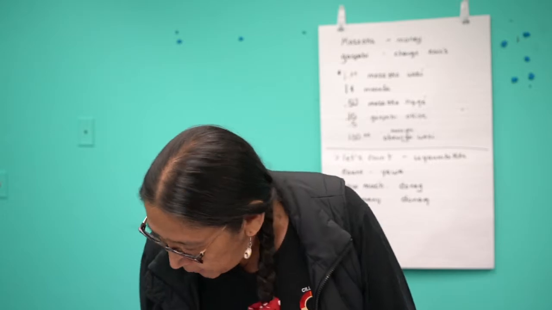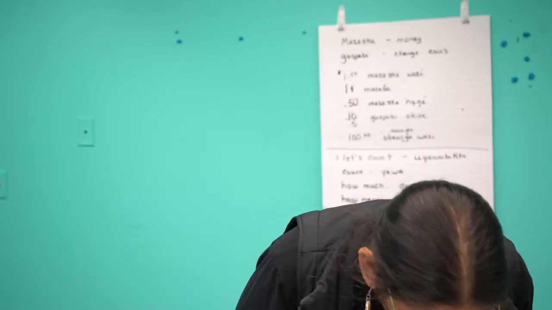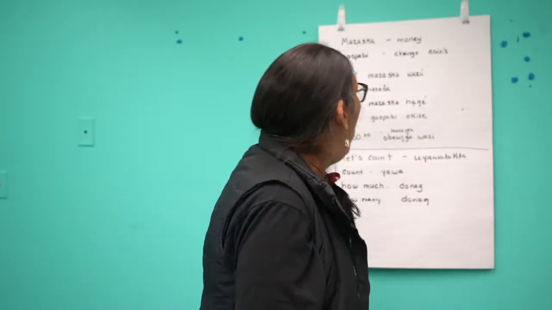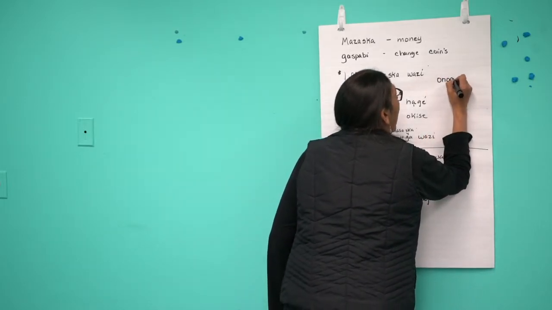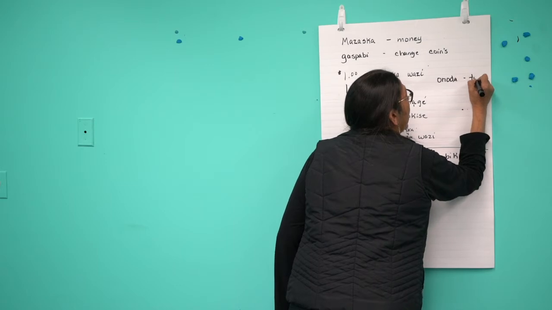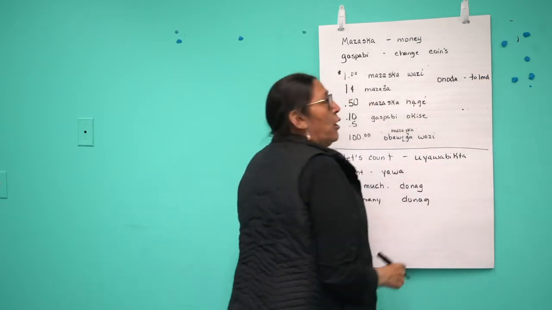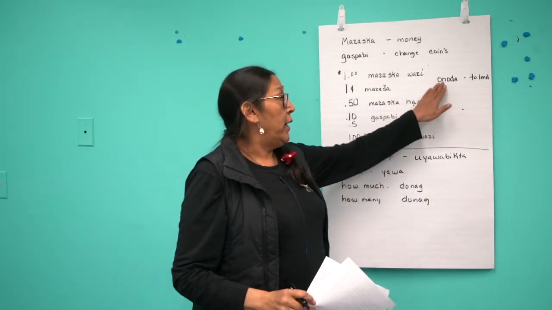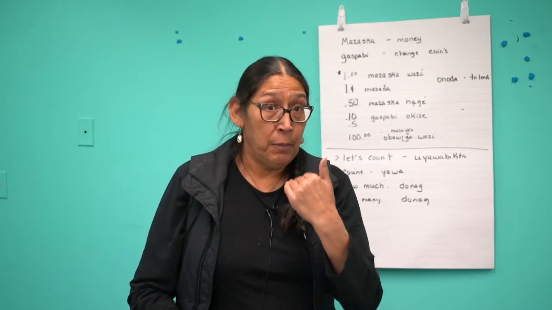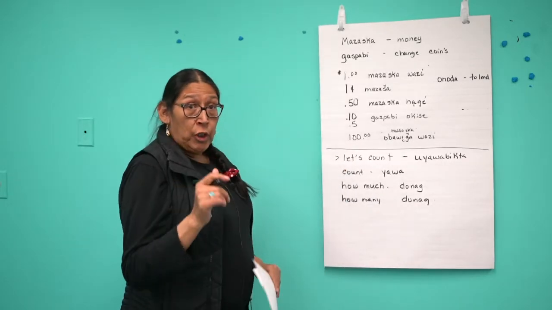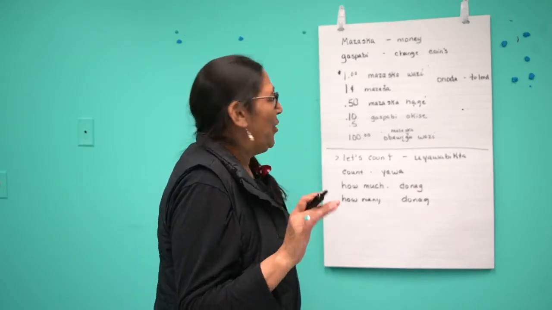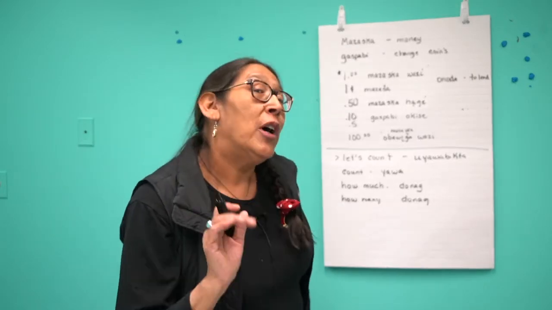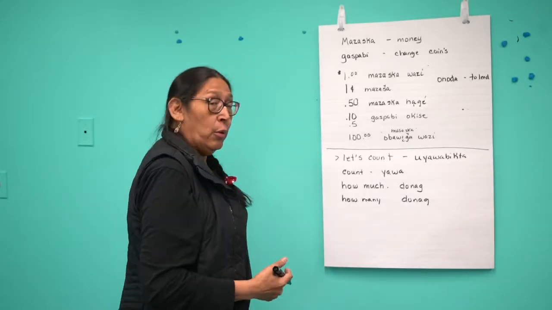Now, one of the words I have here is to lend me. Onoda. Let's put it up here. Onoda, that's to lend. Now, we're going to conjugate this verb, and I'm going to tell you to lend me. So what you're going to do is mazaska omane dawo.